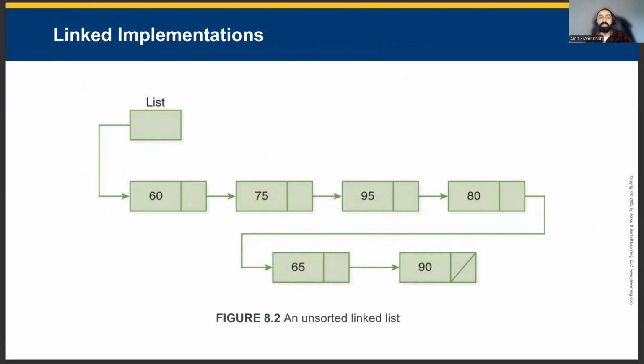This design allows insertions and deletions to occur efficiently, especially near the front, because you only need to adjust links rather than shifting many items. However, linked lists do not support quick random access. To get to an item, you must follow the chain from the beginning. This slide highlights how structure changes the trade-offs we face when choosing between implementations.